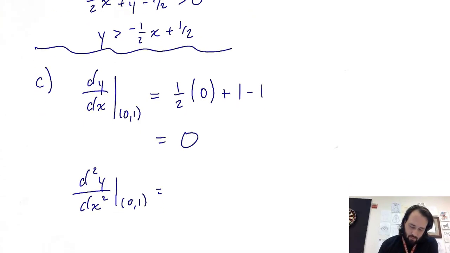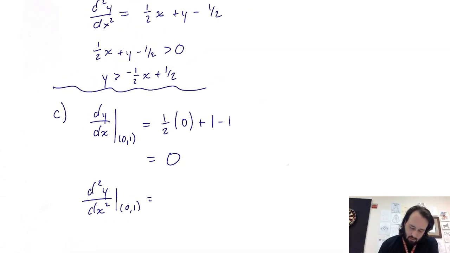So let's see. It's 1/2 x, so 1/2 times 0 plus 1 minus 1/2, which would be positive 1/2.